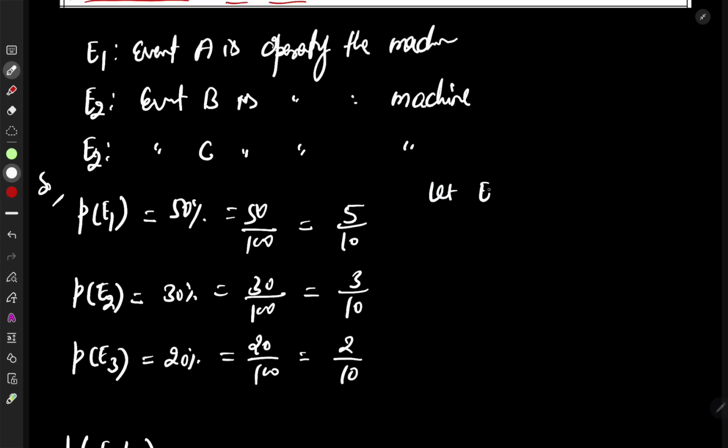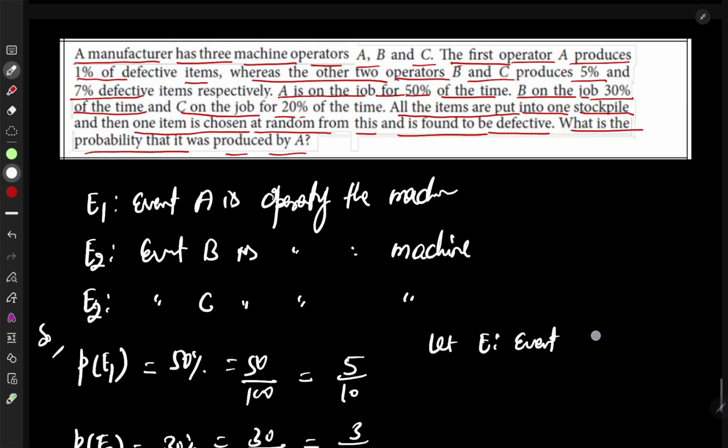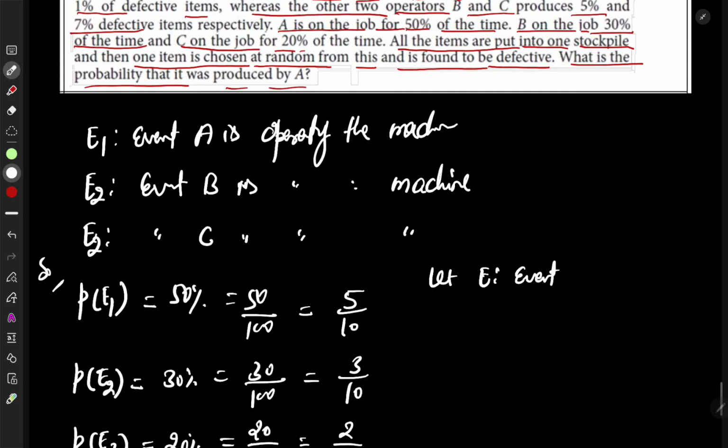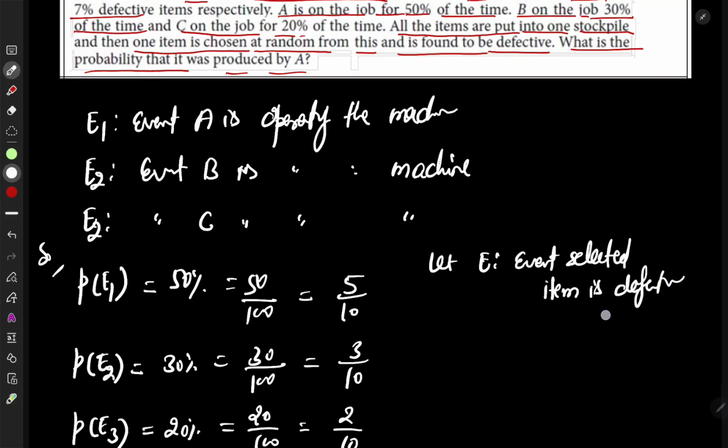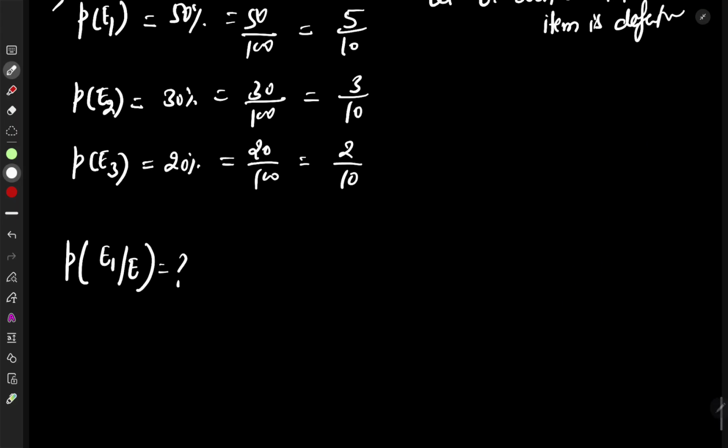Let E be the event that the selected item is defective. Okay, one item is chosen and the selected item is defective. So you'll be saying probability of E1 by E.